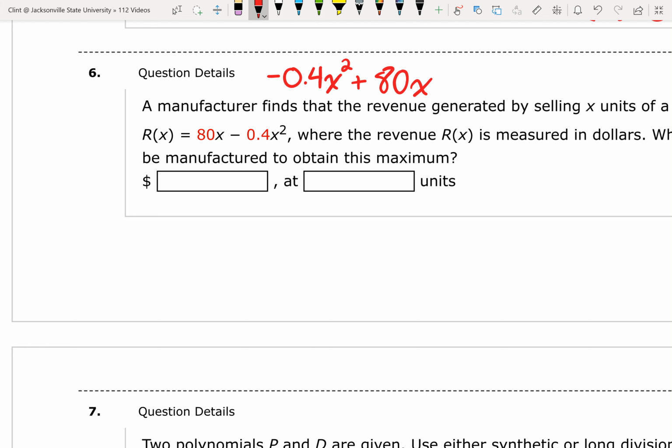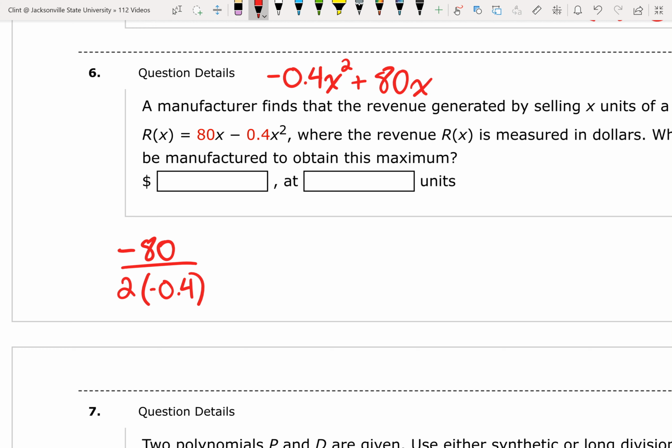So for the x coordinate of our vertex, it's going to be negative b, negative 80, over 2 times negative 0.4. That's negative 80 divided by negative 0.8.